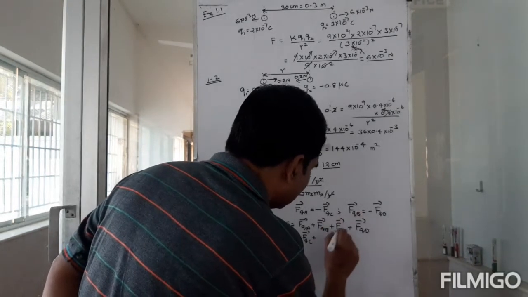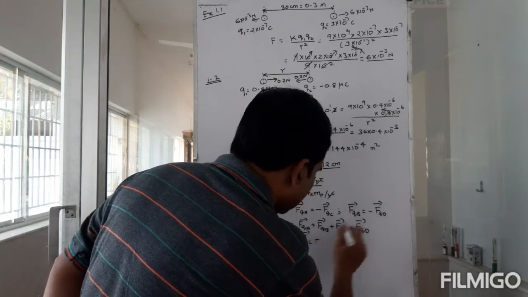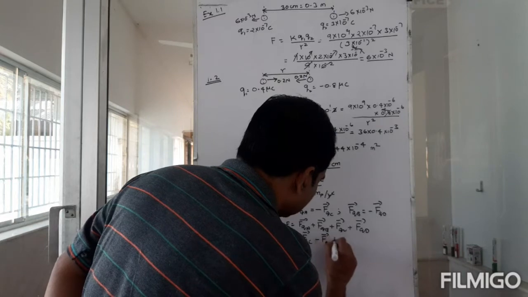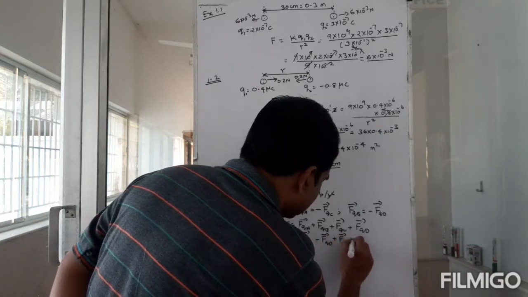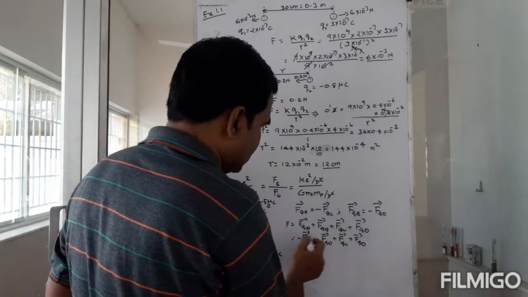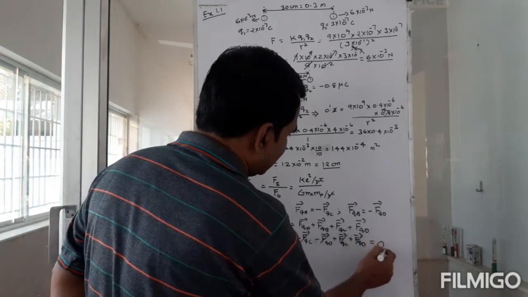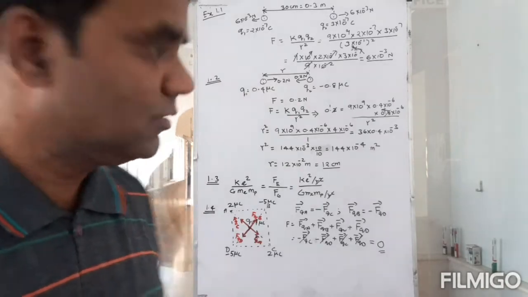F QB is actually minus F QD vector, and then plus F QC plus F QD. You see, this and this will cancel, and this will cancel. So effectively, there won't be any net force acting on this one.